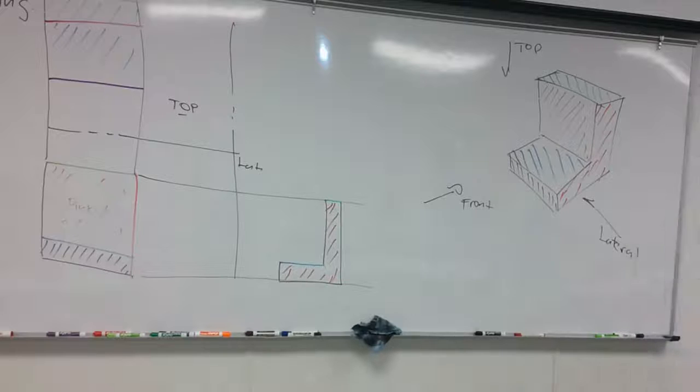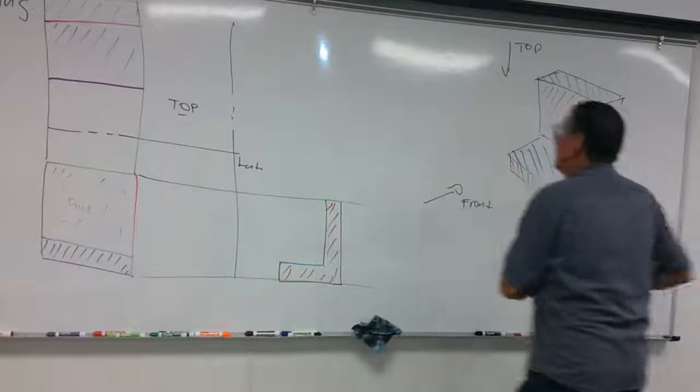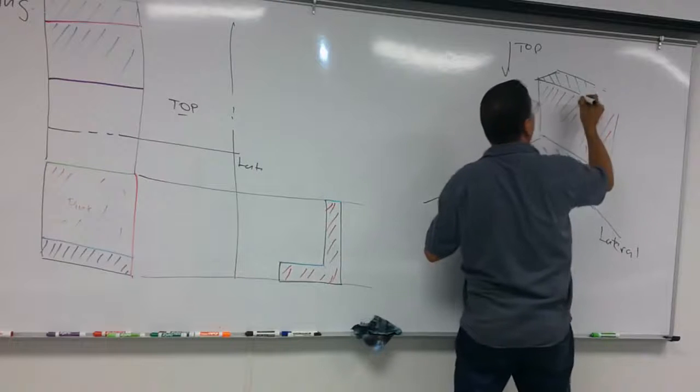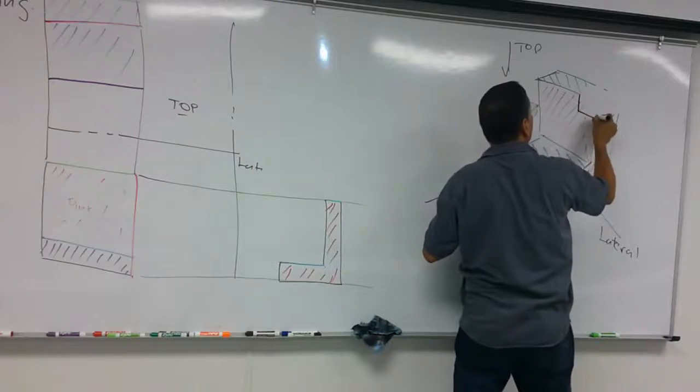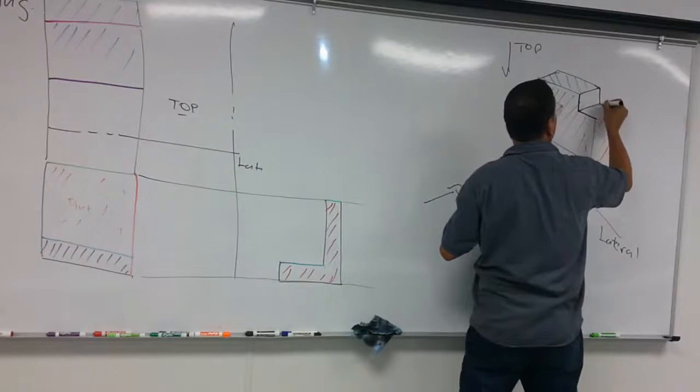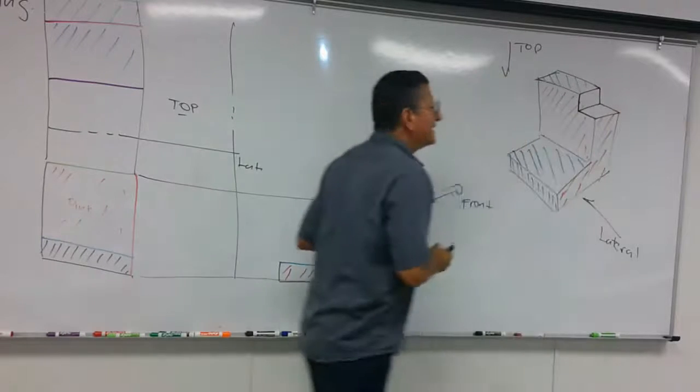I have a question. What happens if I make a hole? Look, I am going to modify this picture a little. I am going to make a section here. That section.